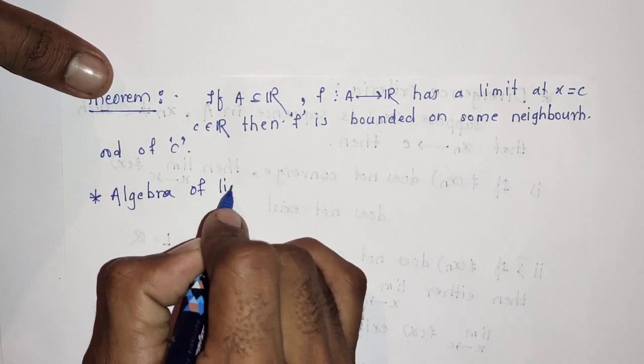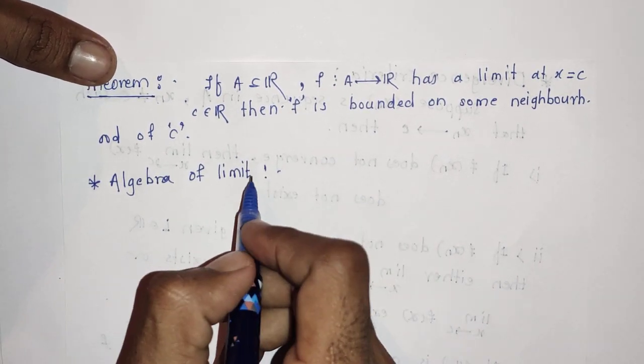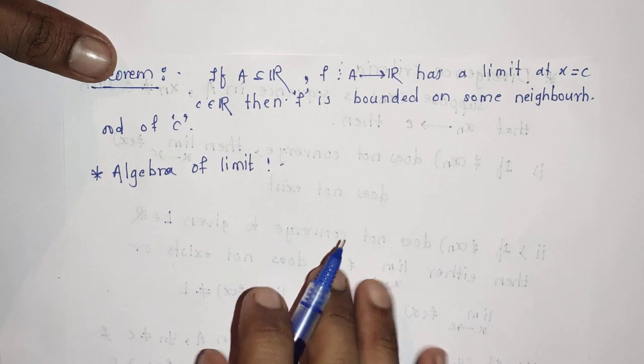Algebra of limits: addition of two functions, multiplication by some constant, and division.